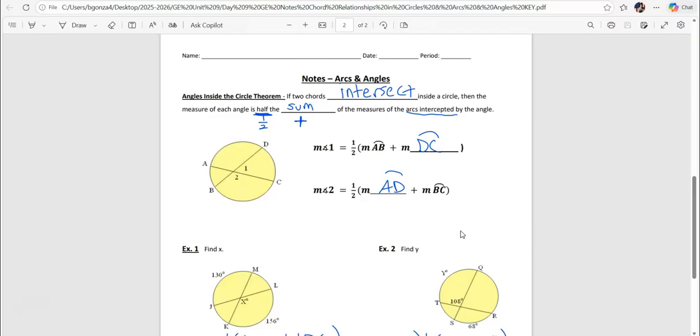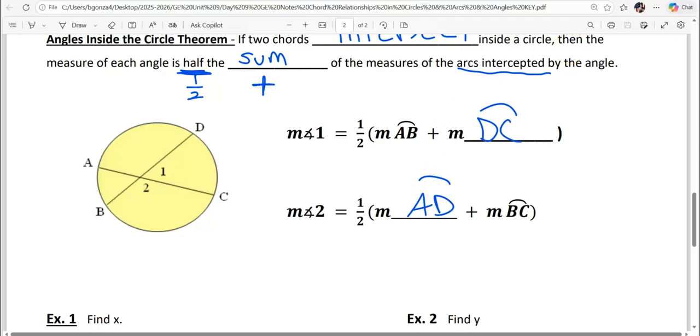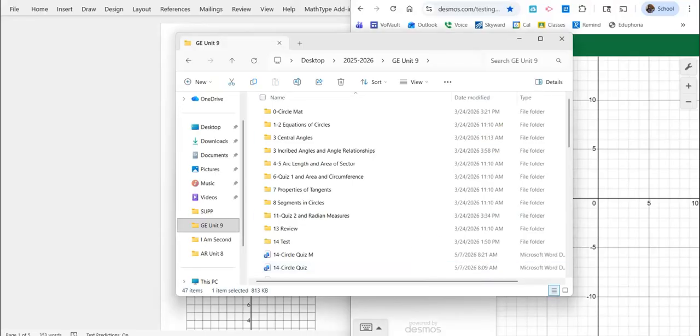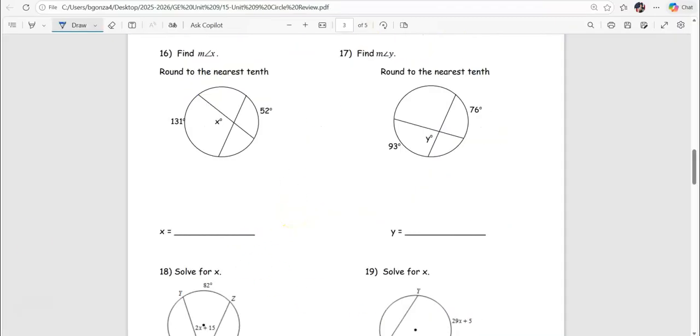Plug in. Okay, so yeah, this formula. So let's go back to it. So on this one, interior angle x is going to equal 1/2, and these two arcs added together.